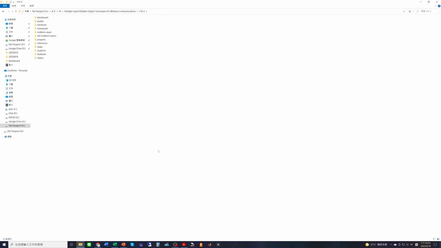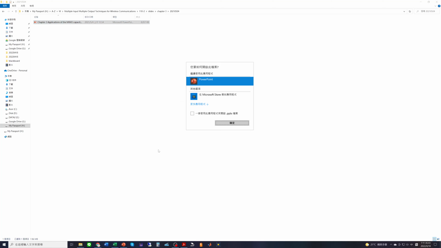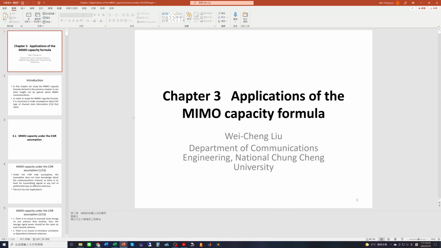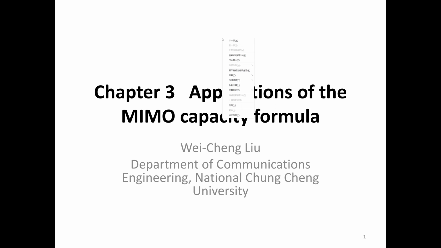Everyone, please open the slides of chapter 3. In chapter 3, we are going to talk about the applications of the MIMO capacity formula. Please note that the MIMO capacity formula we have derived in chapter 2 is not just a theory; it has some applications.